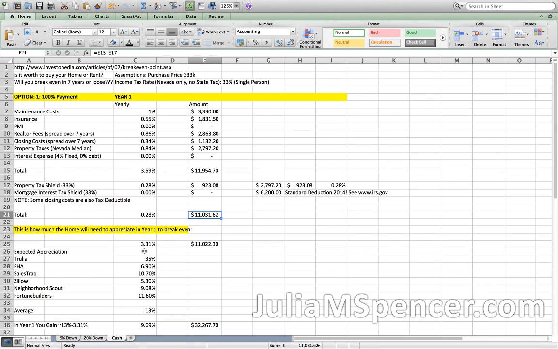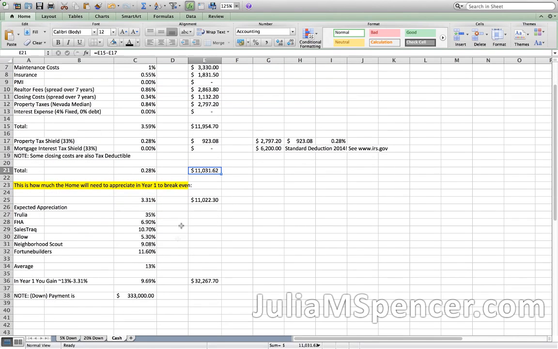And so basically, when we move down here, the total cost of home ownership with 100% cash payment of the house is this 3.59%, minus the 0.28%, which is 3.31%. So $11,000. So your house would have to appreciate by this percentage rate or that amount in the first year to break even. Again, these numbers are all the same.